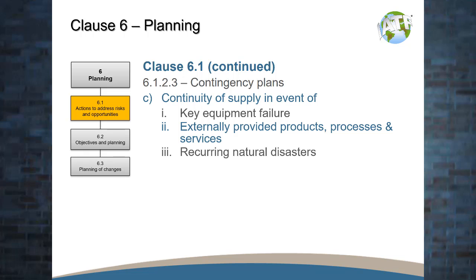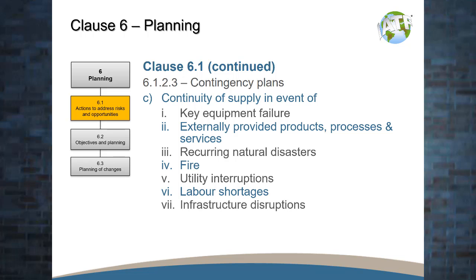Recurring natural disasters such as hurricane, earthquake, fires based on your location. Utility interruptions, labor shortages or strikes, that sort of thing, and infrastructure disruption. So these are things that you need to be diligent about and look at in your supply chain as well as inward.